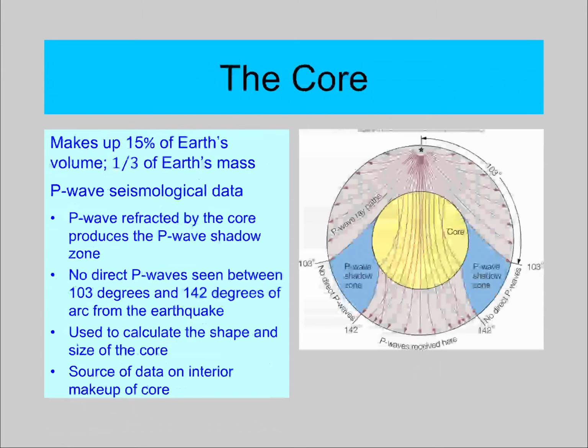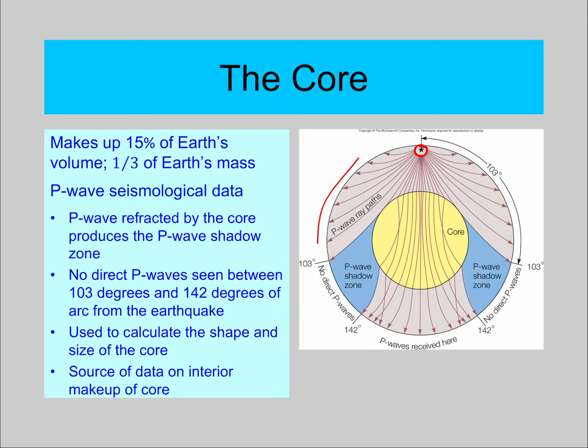So P wave seismological data is very useful because if we have a source of origin for P waves, and then we try to detect them on the other side of the Earth, we see that the P waves are detected all of here, here, and here. There's only this small shadow zone where we don't detect waves.